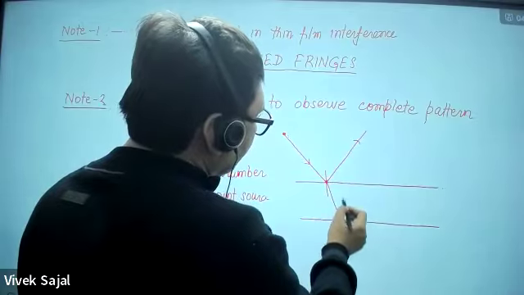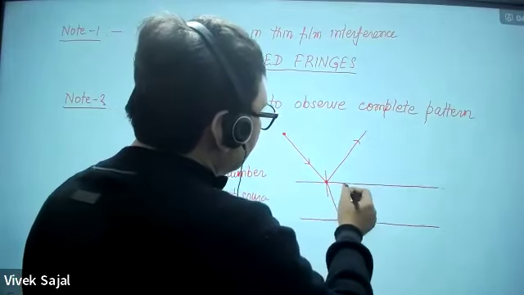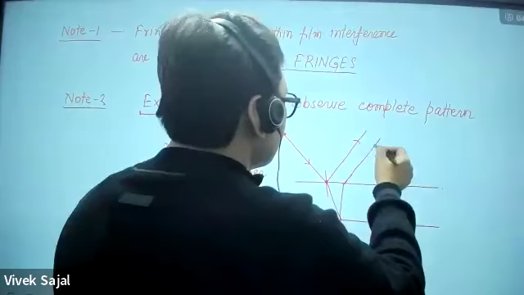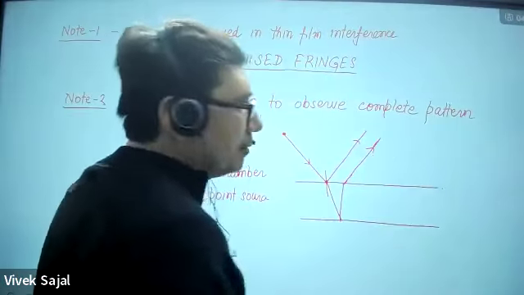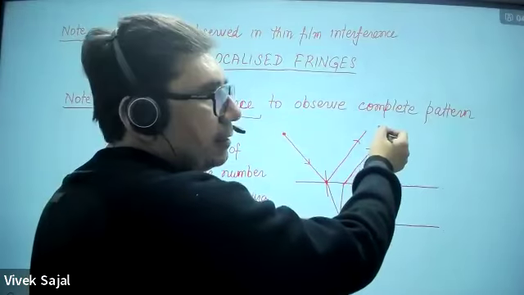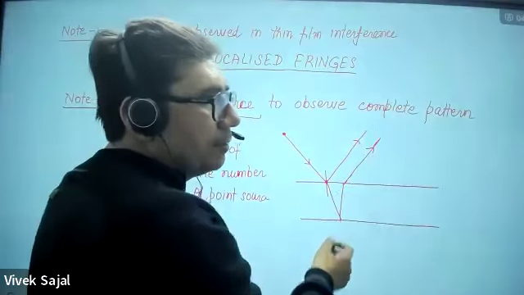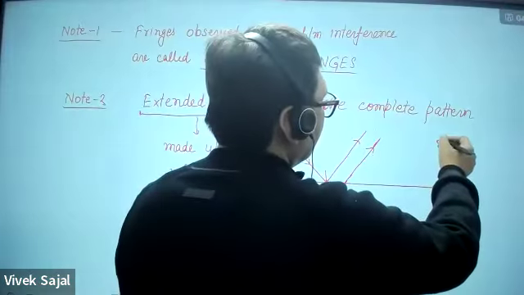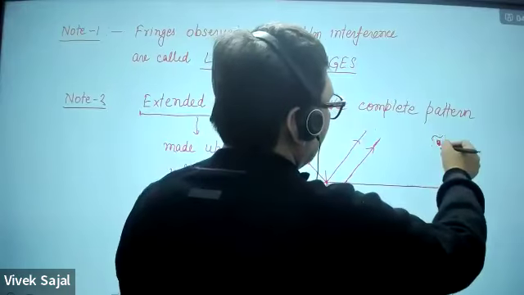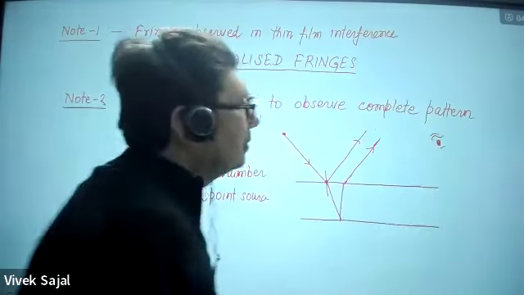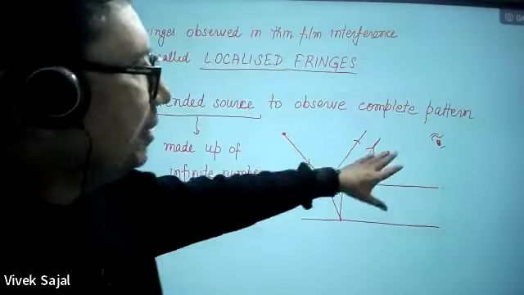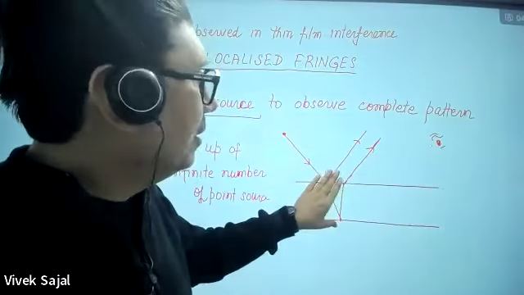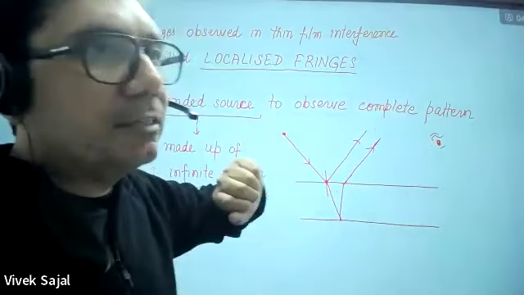Another part will transmit and move like this. So from here, if your eye is here, you can observe this part of the pattern. But suppose your eye is here. Then if you are using a point source, you cannot see this part of the interference pattern.